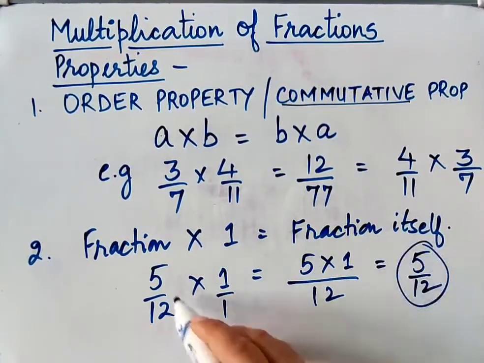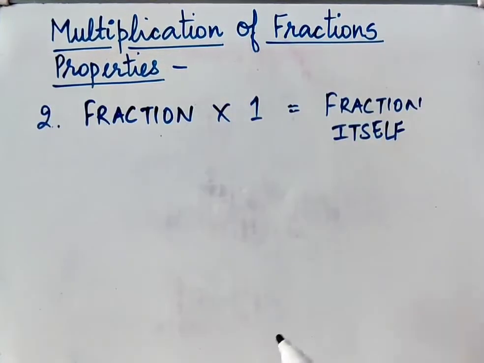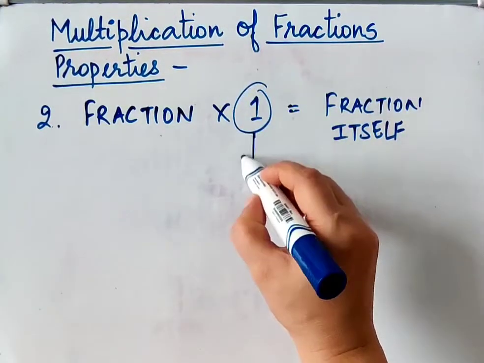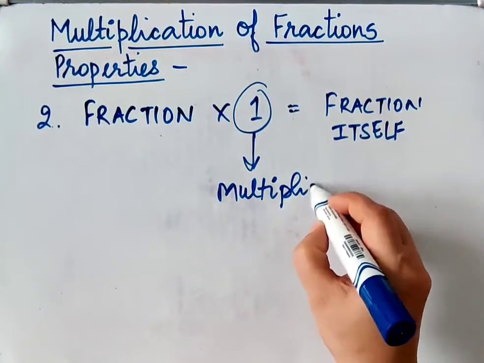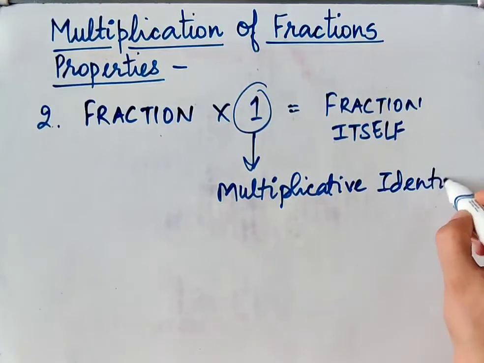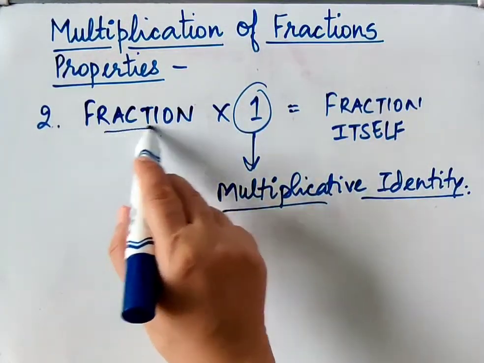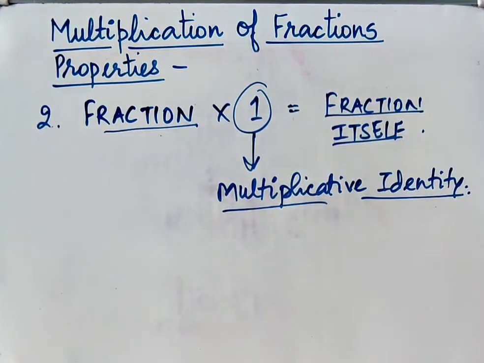We got the fraction itself. So fraction into 1 is the fraction itself, where 1 is called the multiplicative identity. So the multiplicative identity is 1. That means multiplying it by any fraction you will get the number itself.